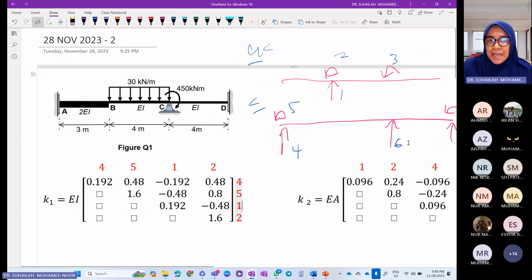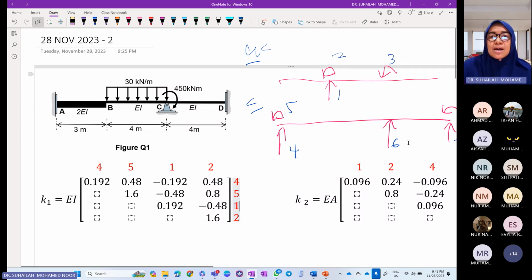When we label K, we have to label element by element, starting with YZ, YZ for near end and far end. The left side is the near end, the right side is the far end. So we label K1 as 4, 5, and 1, 2. That is the label for K1.